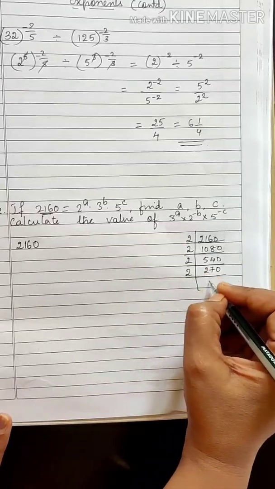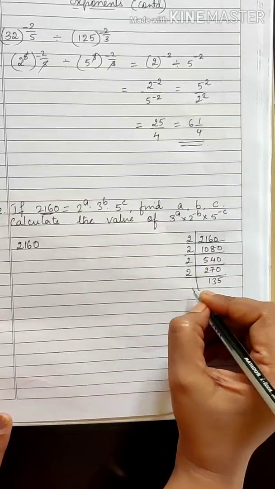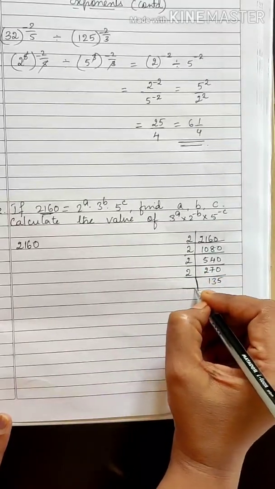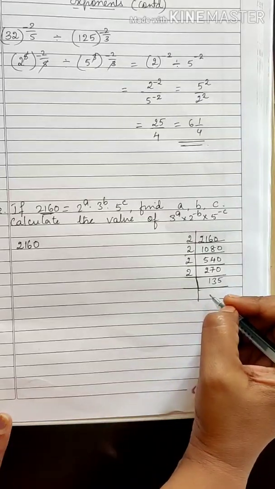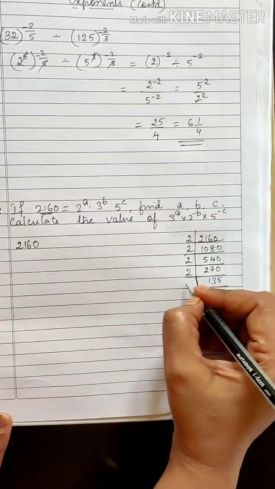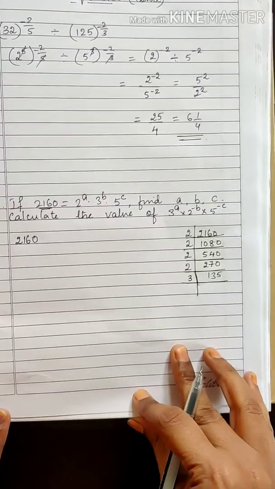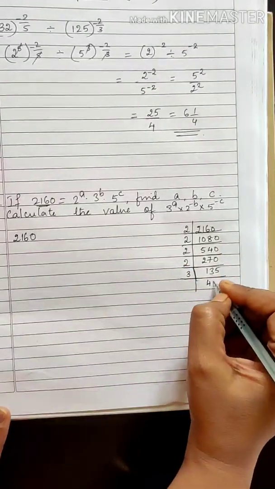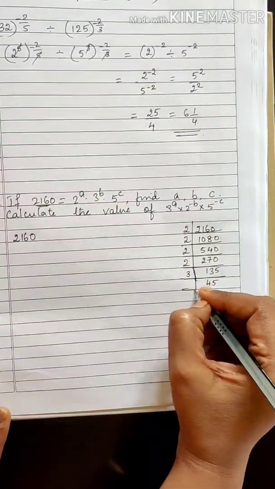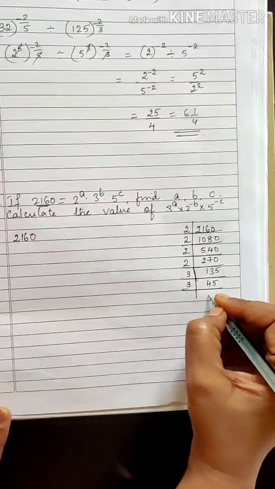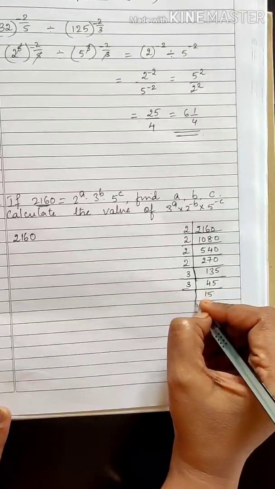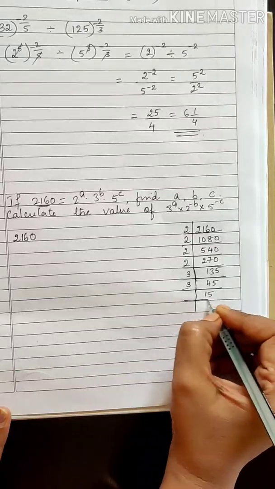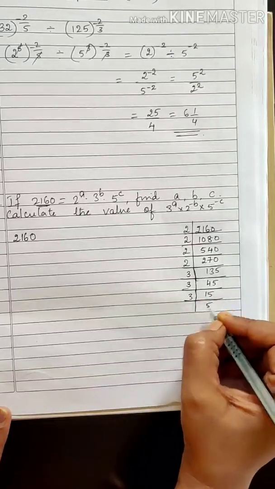Then again 2 times 135 is 270. When you do the prime factorization, make sure that you use only the prime numbers. So this becomes 3 and 45, which can be further factorized, 15, and this is 3 and this is 5.